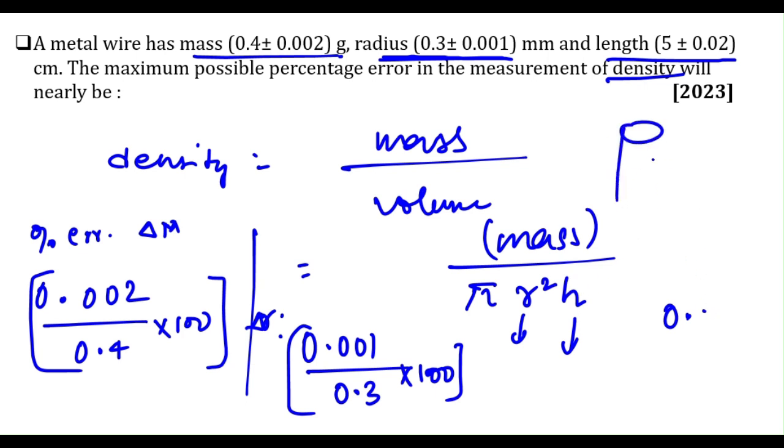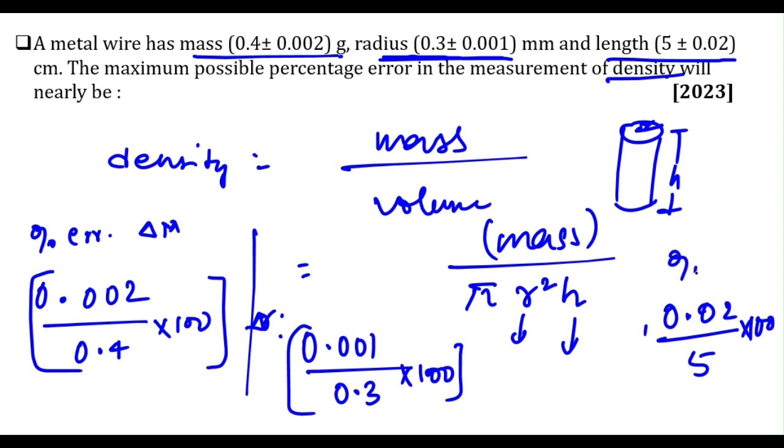So let's say this is a cylinder, this is radius, and this is length or height, whatever you like to say. 0.02 is the error, divided by 5, the measured value, and into 100. So this is relative error in length, and multiplied with 100, again we got percentage error in length.